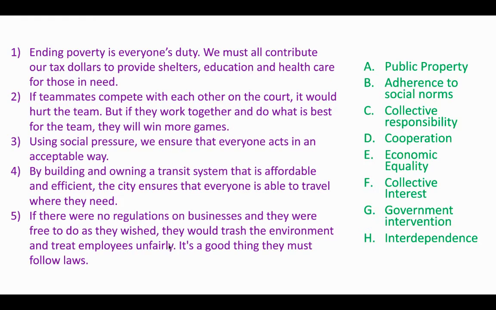Number 5, if there were no regulations on businesses and they were free to do as they wished, they would trash the environment and treat employees unfairly. It's a good thing they must follow laws. Well, that is definitely government intervention, right? Anytime governments regulate businesses and create laws, well, that is a form of intervention where the government intervenes.